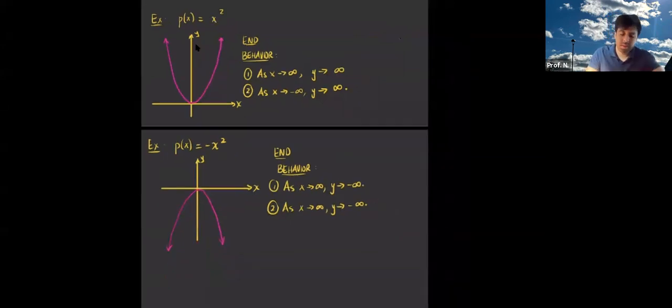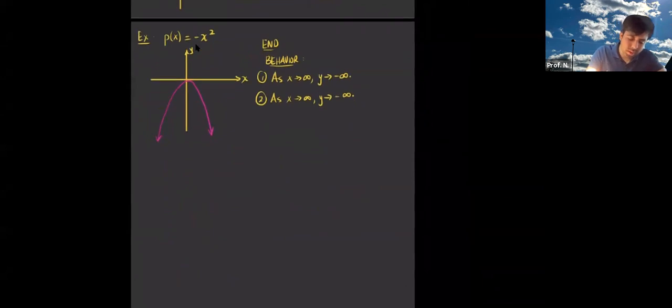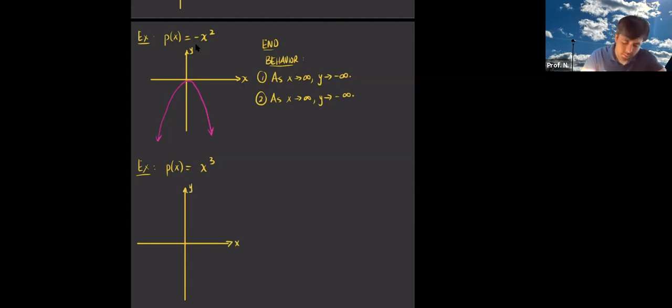Okay, and then I'll give you two more, and then we'll try to see the general idea behind all this. What if I have x cubed instead? Well, x cubed looks something like this. It's like a windy curve here. So what's my end behavior?